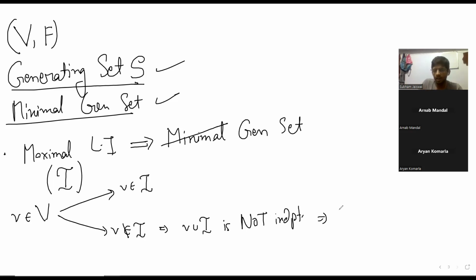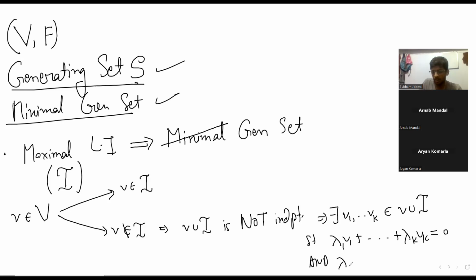So there are v1 to vk such that lambda 1 v1 plus up to lambda k vk is equal to 0, and all of the lambdas are not 0.